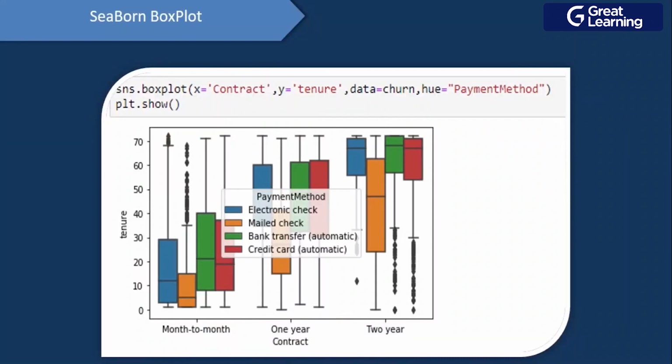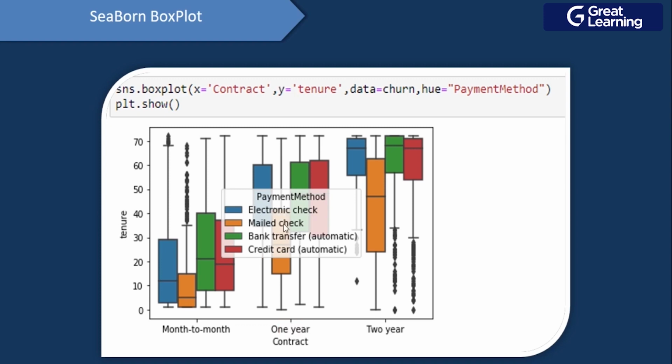Now, if you want to add colors on the basis of a column, which we've been doing throughout, that can be done with the help of this hue attribute. And I want the color of all of these boxes to be determined by this payment method column. So here I am mapping this payment method column onto this hue aesthetic. And as you guys see, I have these 4 different payment methods.